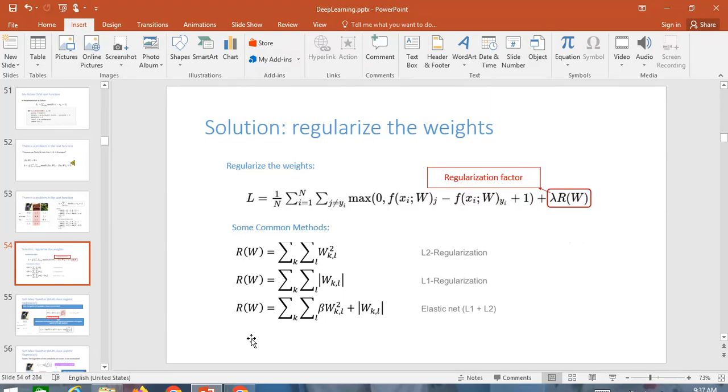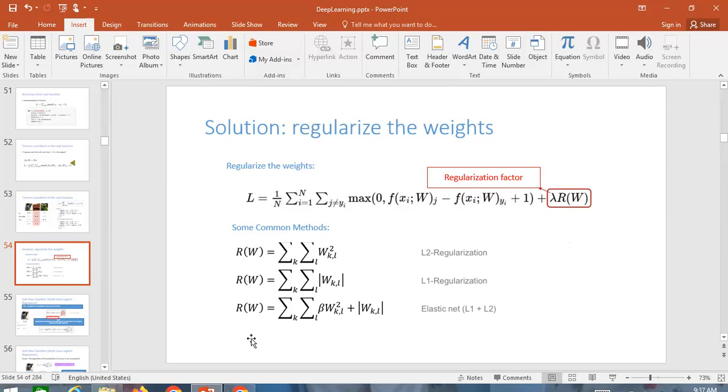We not only want to minimize this formula, the solution is to adjust the weights. This formula is the average error in different data. But we want to add one more term. This term has a coefficient, but set that aside for now. R(W) is a function of W itself. That means it has nothing to do with the x's anymore.